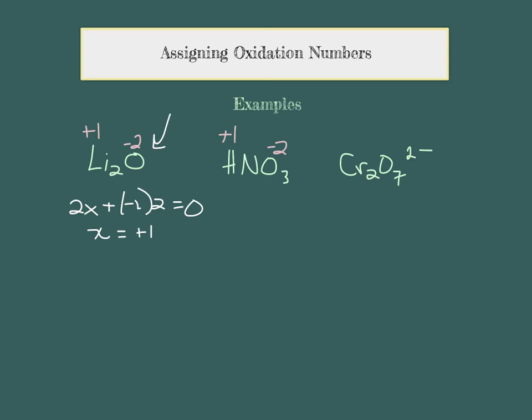So we have a +1 charge and there's only one hydrogen, plus a mystery number, plus -2 times 3, and there's no charge on that species, so it will equal 0. Okay, so we'll have 1 plus x minus 6 equals 0. This means that nitrogen's oxidation number is +5.